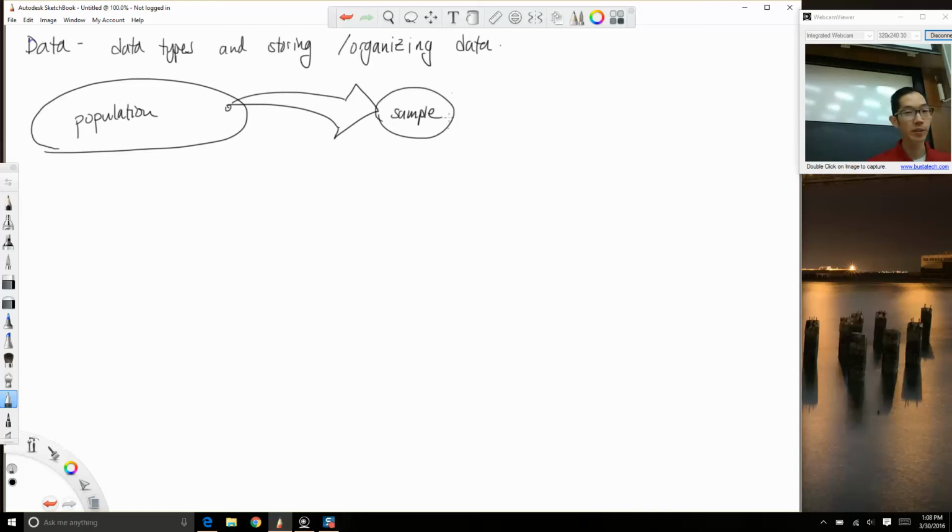And so the data that we talk about almost always refers to the information found in a sample.